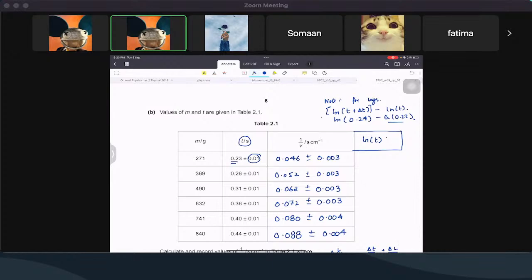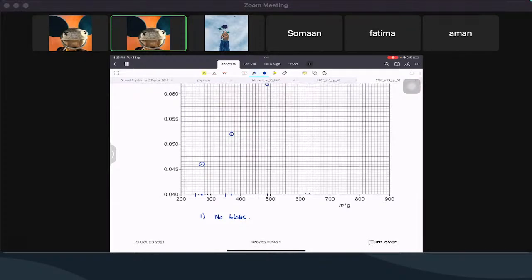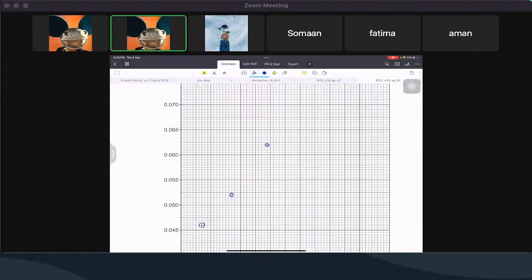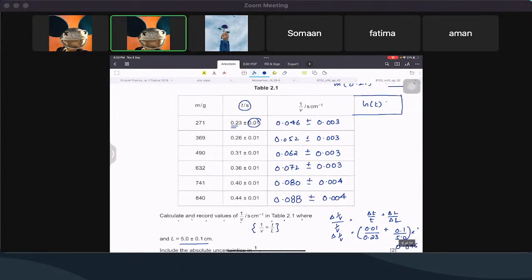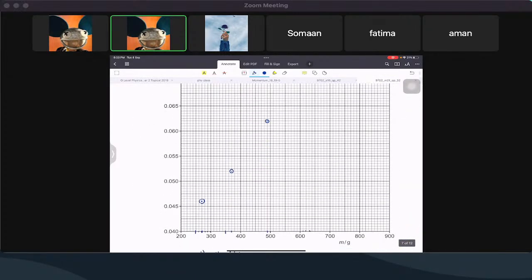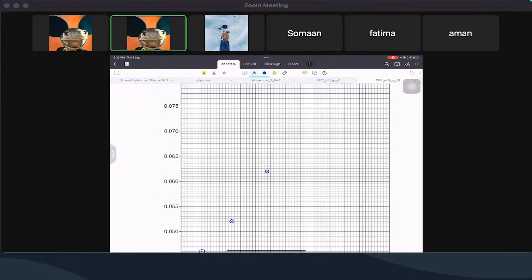Then the next one is 632 and 0.072. 632 would be a bit in between, but it's fine. For 0.072, you go up the middle and next to this: 0.071 and 0.072.